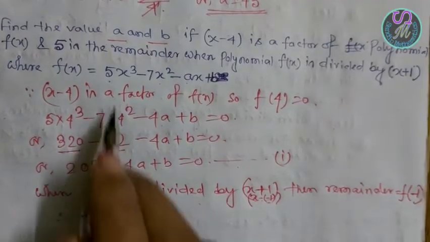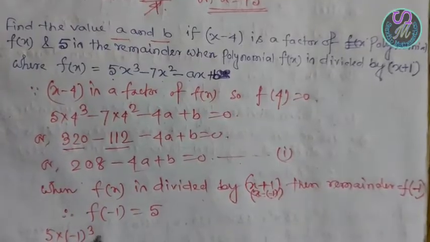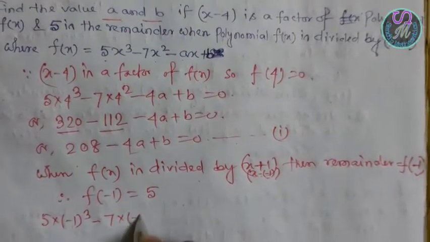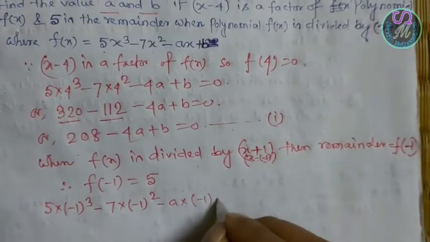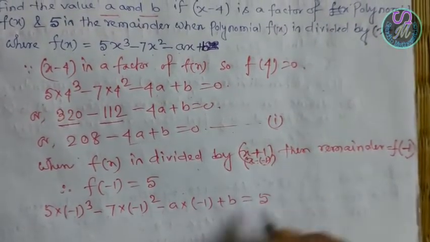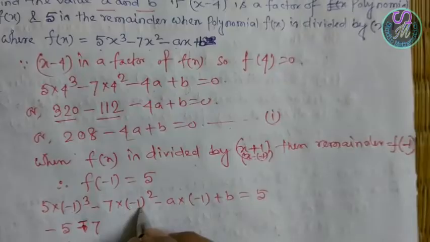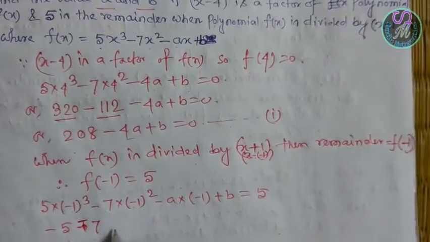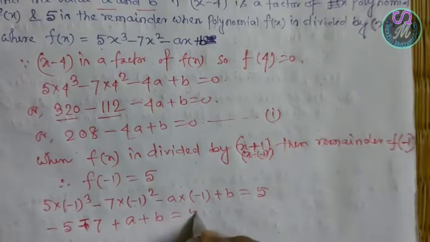Now consider the function 5x cube. So 5 into minus 1 whole cube minus 7 into minus 1 whole square minus a into minus 1 plus b, this one is equal to 5. So here the minus 5, minus 7 into minus 1 whole square means plus 1, so minus 7, then minus minus a means plus a, plus b, this one equal to 5.